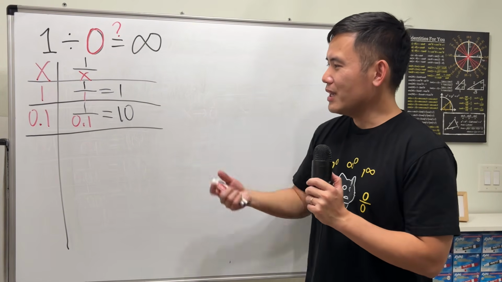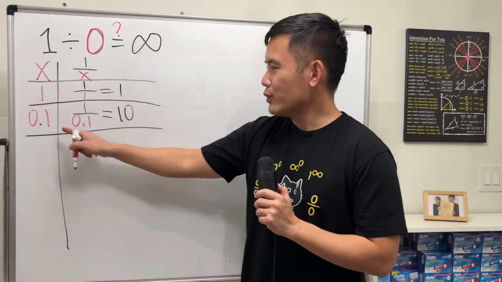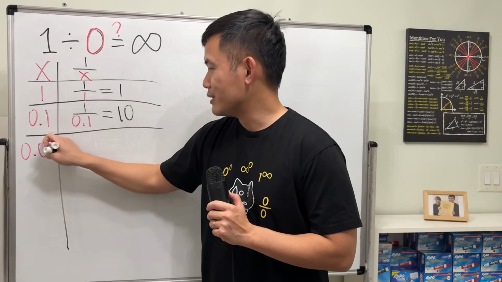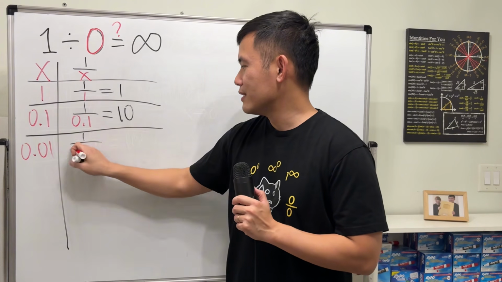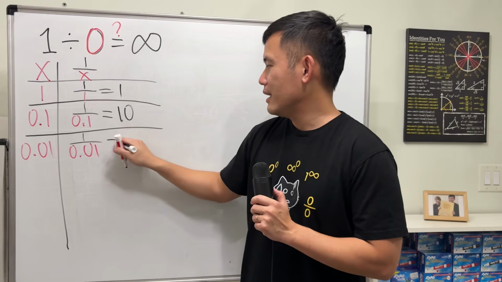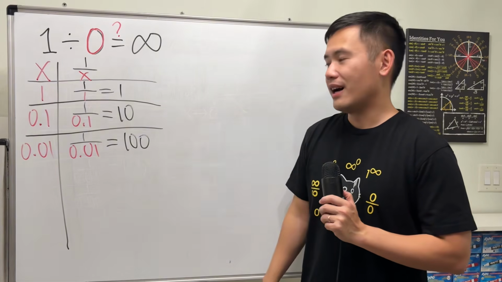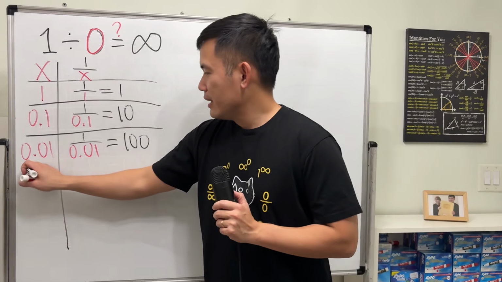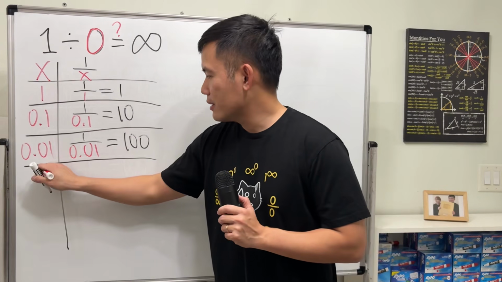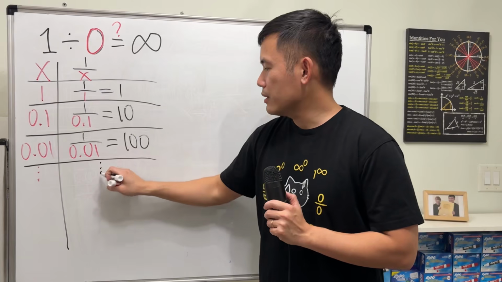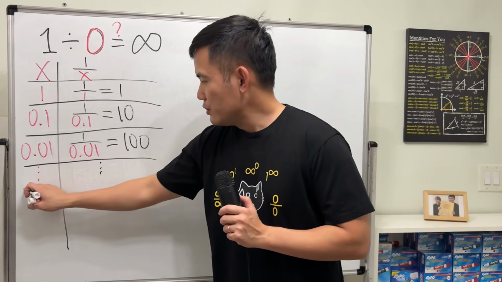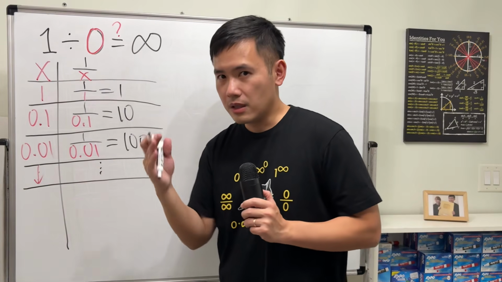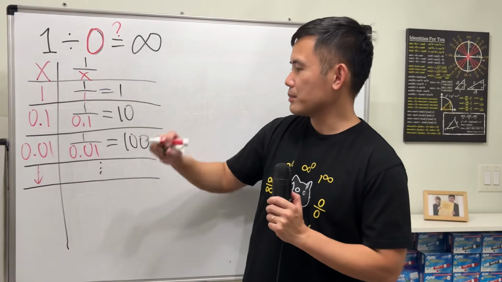But I'm trying to get a better result, right? So why don't we make the x value even smaller? Let's try 0.01. Then that's 1 over 0.01, and the answer for that is 100. Okay, as you can see, if we keep on going and keep on going, eventually what we're trying to get to is this number being as close to 0 as possible, right?